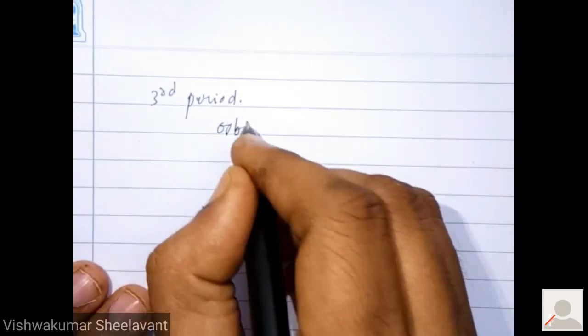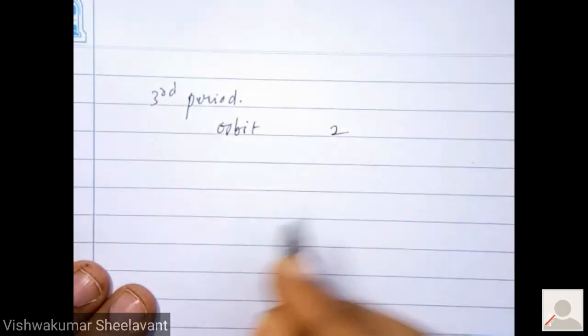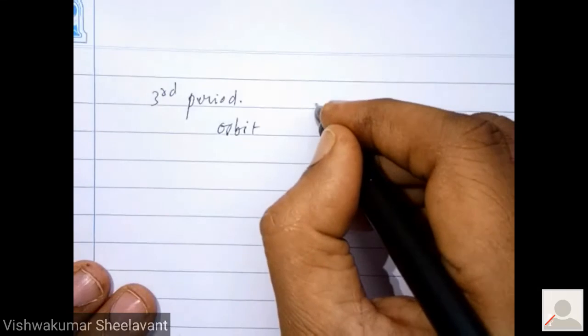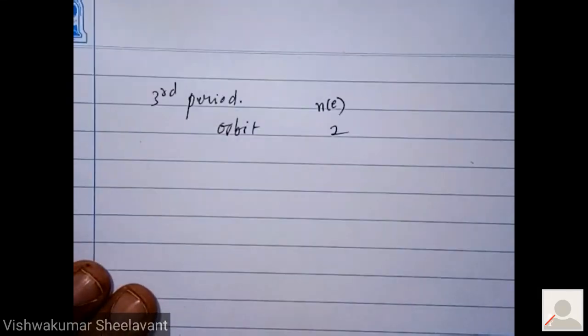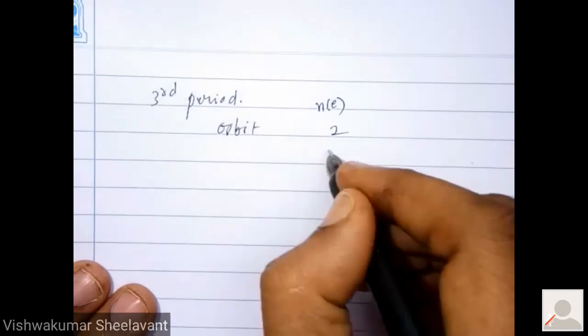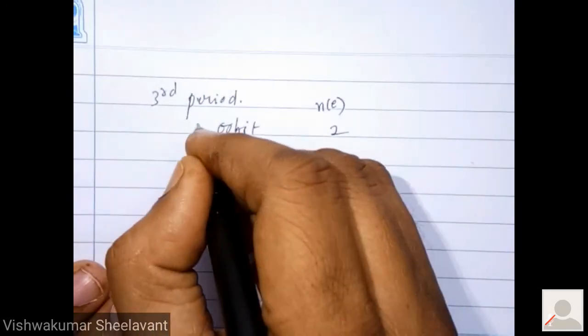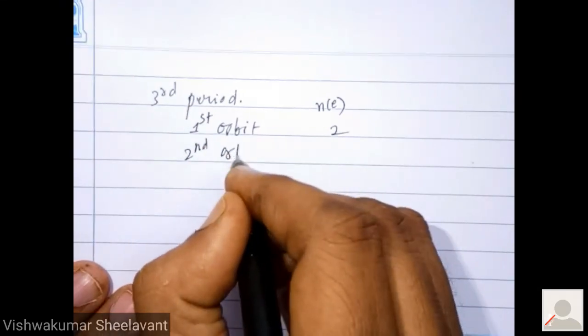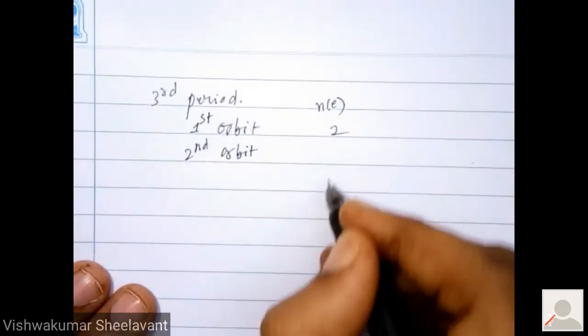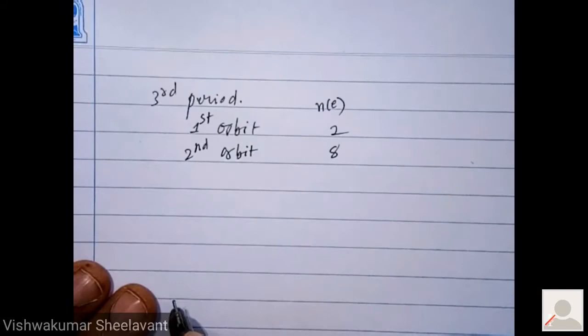First orbit, 2 electrons, by using the 2n square formula. Second orbit, using 2n square, 8.